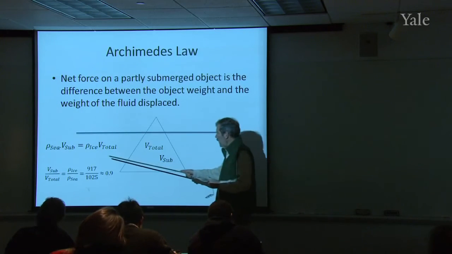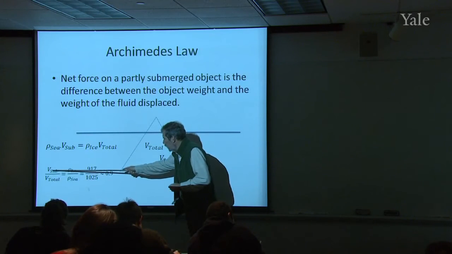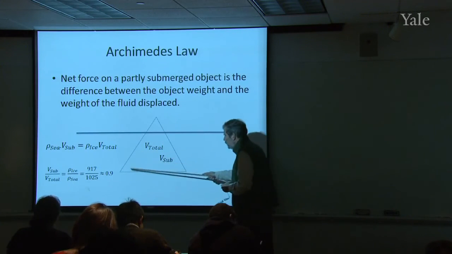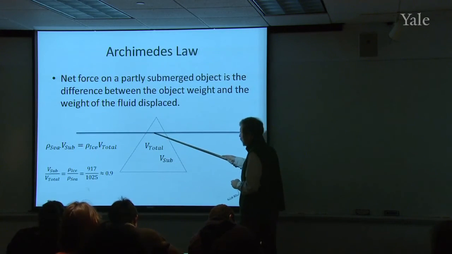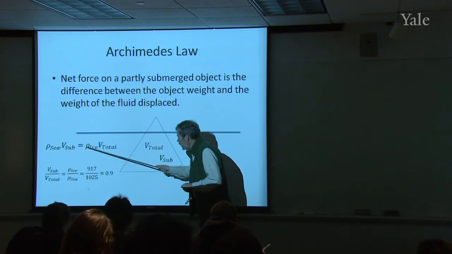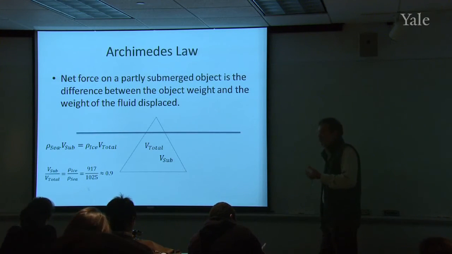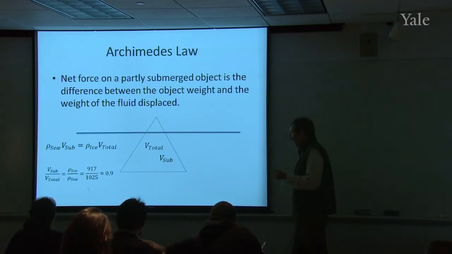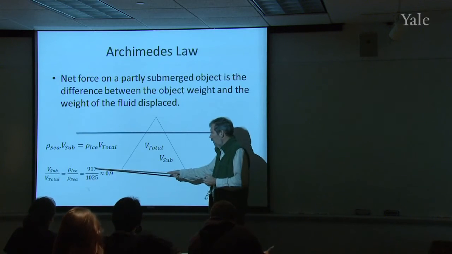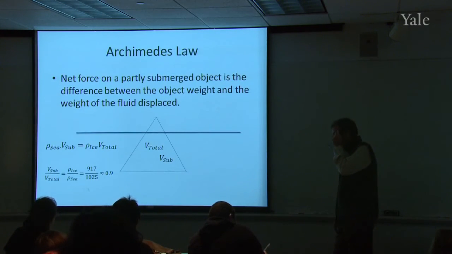If I simply divide through, I can get this expression. The ratio of the submerged part of the iceberg to the total is simply going to be, dividing through, the ratio of the two densities, rho ice over rho of seawater. And we've already used these values before. The density of ice is about 917 kilograms per cubic meter.